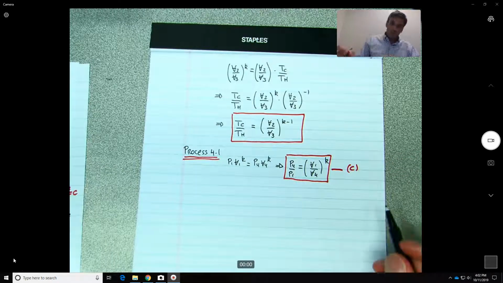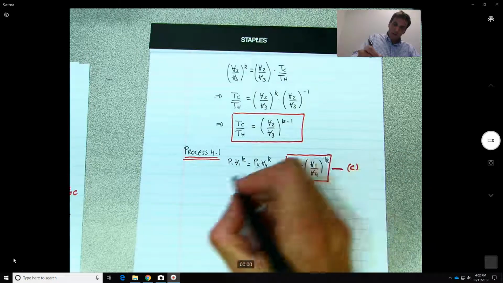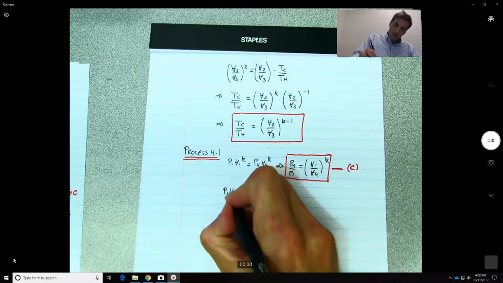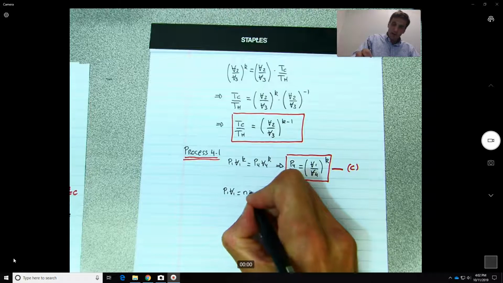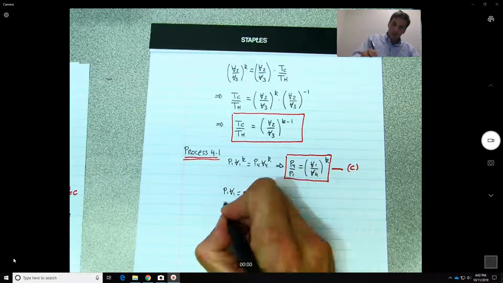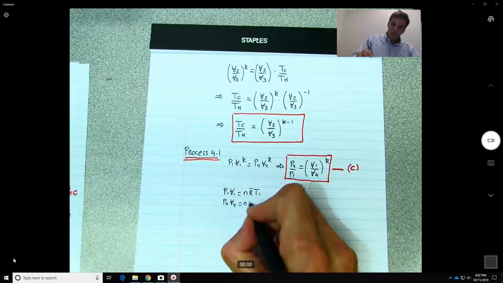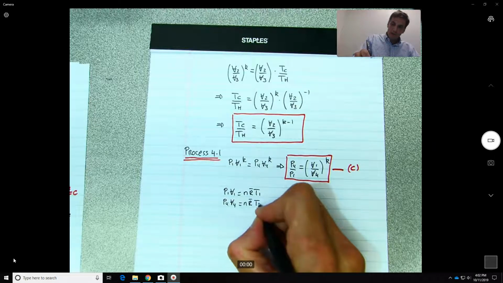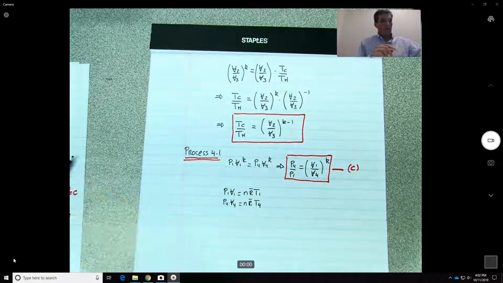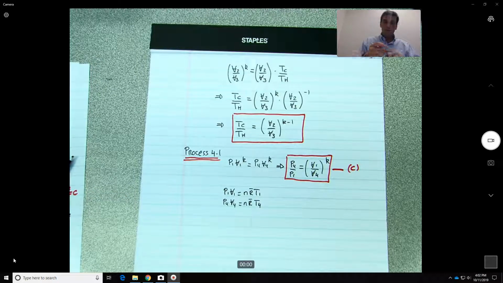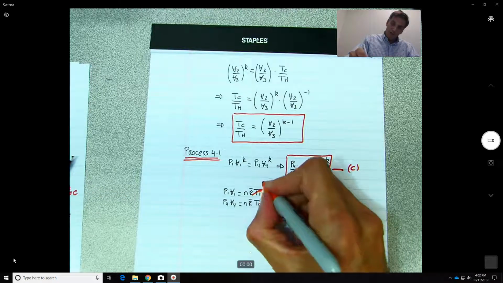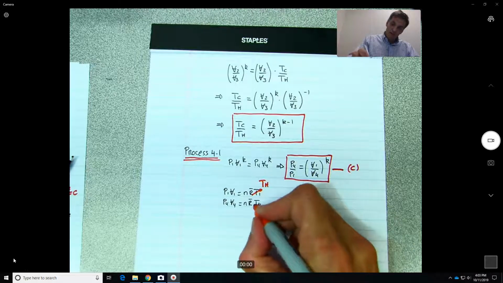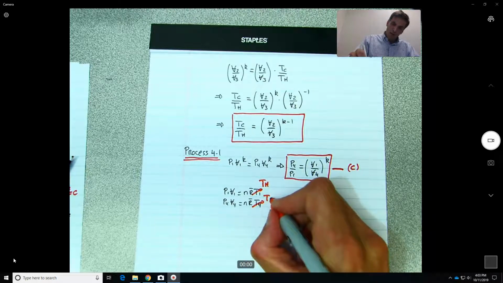Now, assuming both of them an ideal gas, we're going to have P1 V1 equal to N R bar T1, P4 V4 equal to N R T4. Maybe here I'll do the transformation now to save a little bit of time. T1 will be equal to T hot, T4 will be equal to T cold.